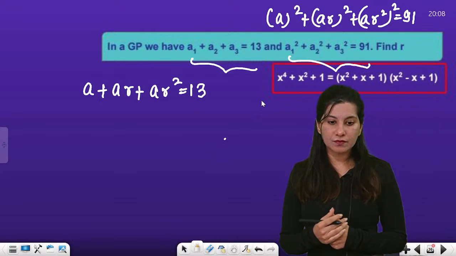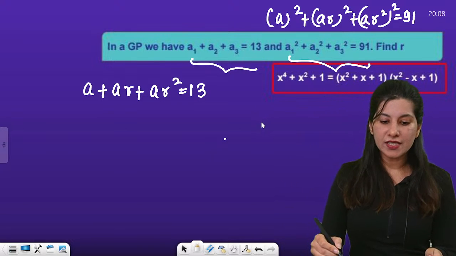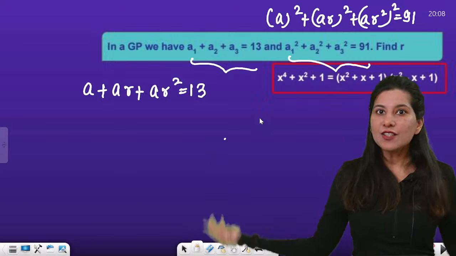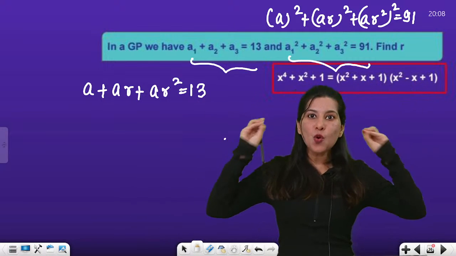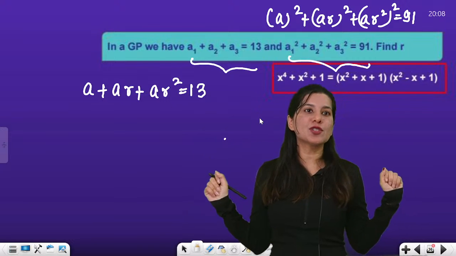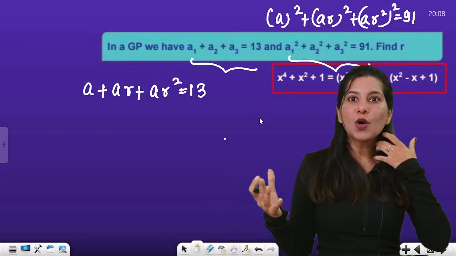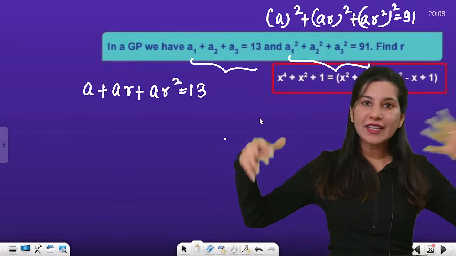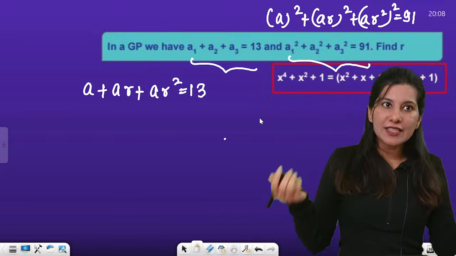Got it? So this is your GP. GP is done. Now GP has no role to play in this question. Are you getting my point? Now it's just purely factorization, equation solving and manipulation, observation, etc. So let's just solve it.